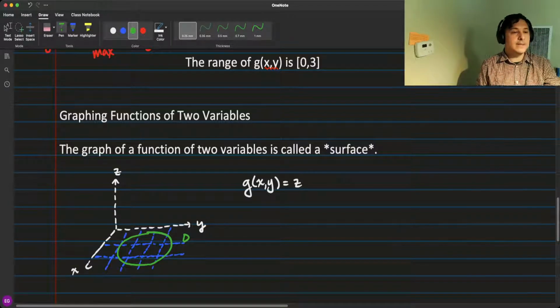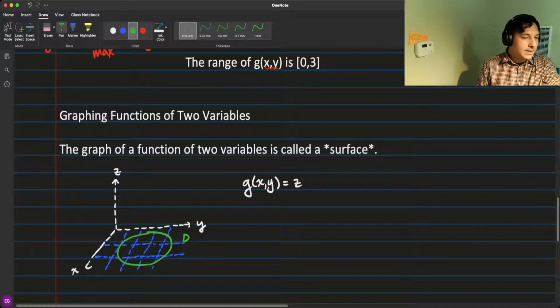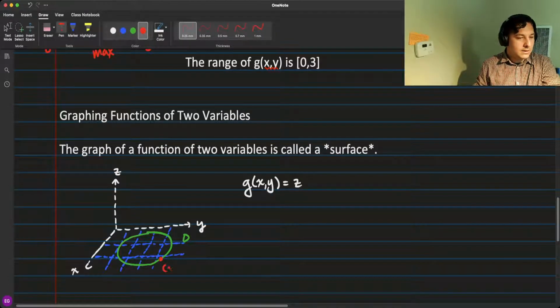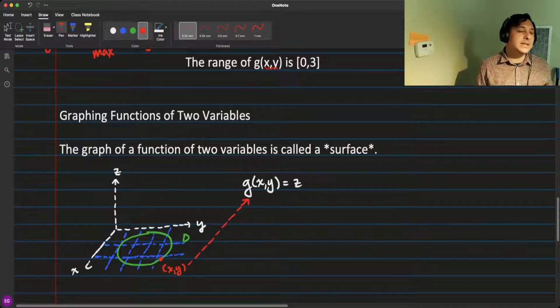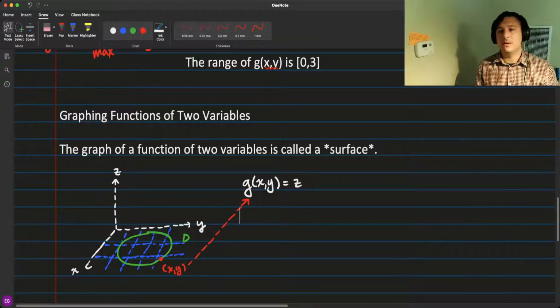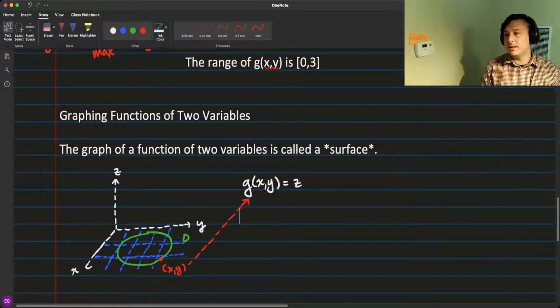So what happens is you take a point in this domain, like right here. That's my x comma y. And you're going to plug that into your function. Now what does the function spit out when you plug that point into the plane?